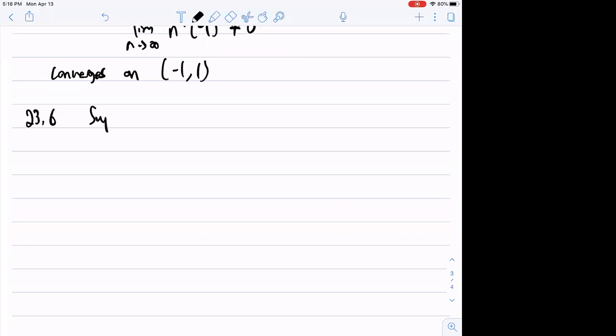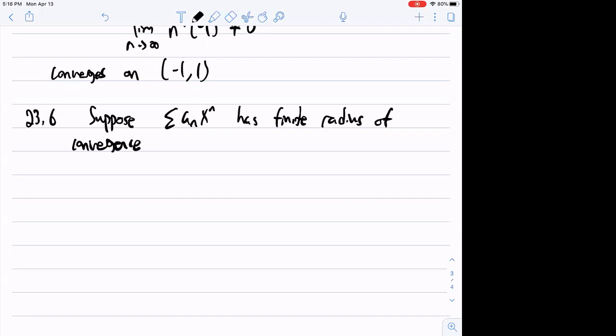23.6. Suppose the sum of a_n x to the n has finite radius of convergence r, and a_n is always positive, right?